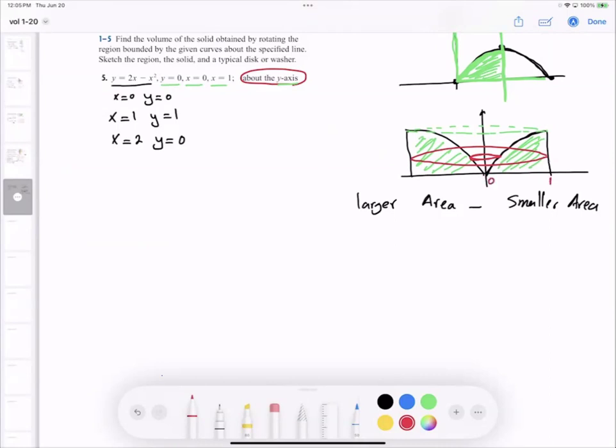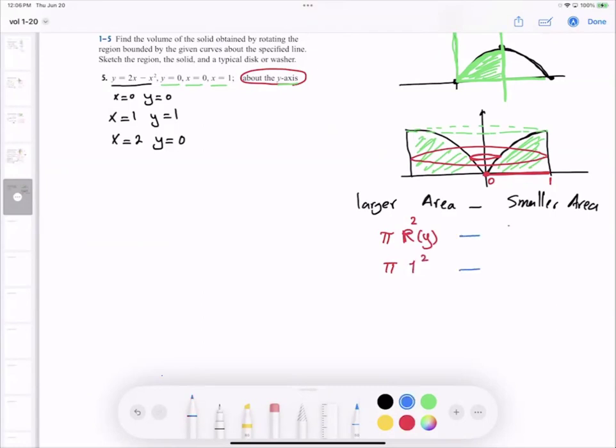So here you have just pi r of y squared, which is pi. But here, this is a fixed distance. Between 0 to 1, you have a fixed distance, which is just 1 unit. So you get 1 squared. Now you need to move on and calculate the smaller area.